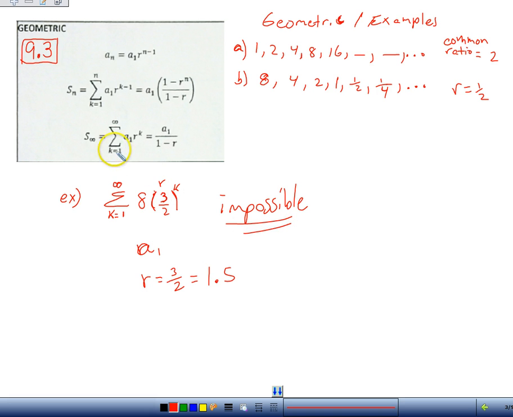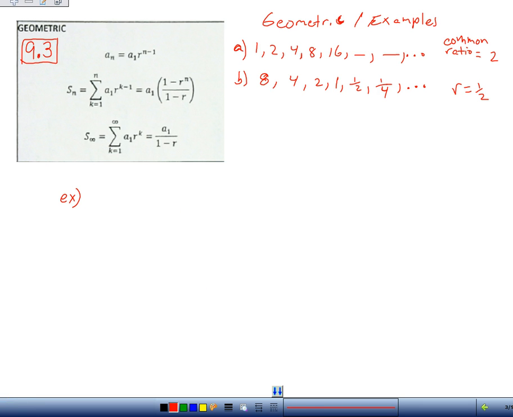So remember, you can only do infinite sums if the common ratio is less than 1, if it's within 1 unit away from 0. So this is impossible. This is an example more like example A up here, where the numbers just keep getting bigger and bigger and bigger, and you're not going to be able to add them all up. Okay, and that is all.